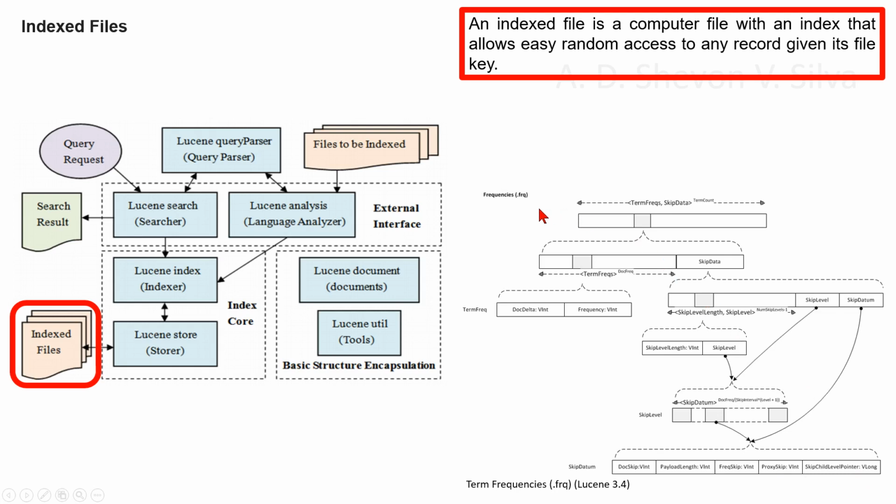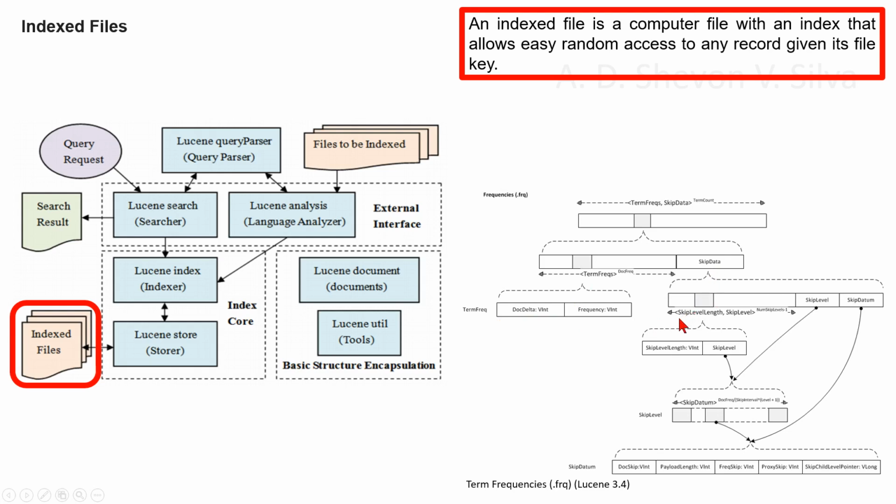Here you can see the term frequencies .frq file. Here the term freqs and skip data, with term count. This one consists of term freq, doc freq, and here the skip data. The term freq consists of doc delta vint and frequency vint.